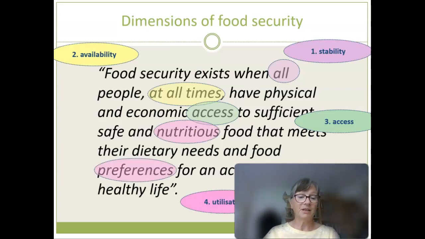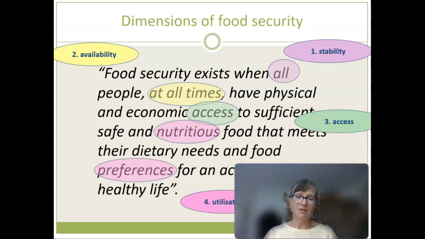And finally, we have the idea about utilization, whether the food is maximized for its nutritional value. That might be people's ability to cook food and prepare it, but it might also be about something physical about that individual. They may have some gut problems, they may have malabsorption, so they can't get that food to where it needs to be in their body.